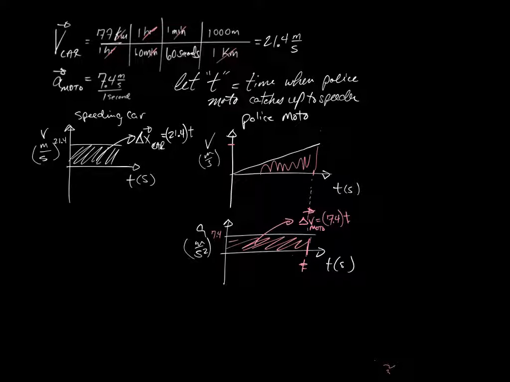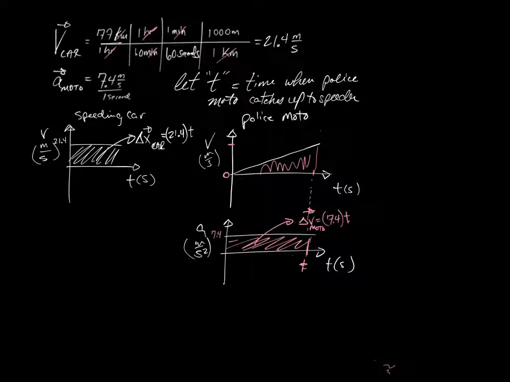Since the motorcycle started with 0 velocity, the change in velocity and the velocity when the moto catches the car are the same number. But change in velocity and final velocity don't necessarily mean the same thing all the time, because you don't always start with 0 velocity.